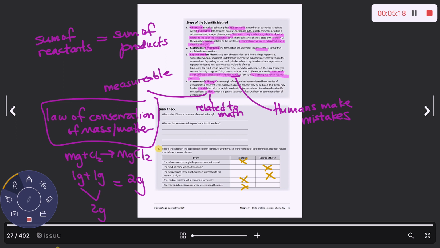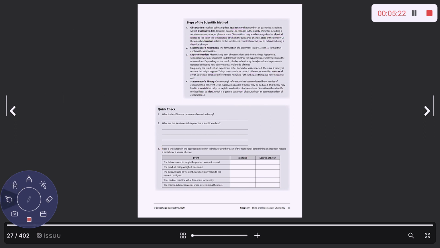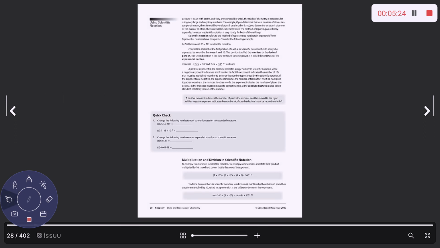Okay, let's do a little bit of review of scientific notation and some basic graphic stuff. So on the next page, they talk about using scientific notation. Generally speaking, in this class, we will be reporting things using standard scientific notation.